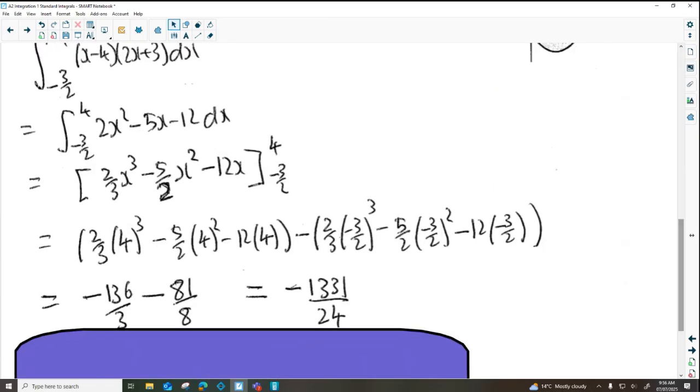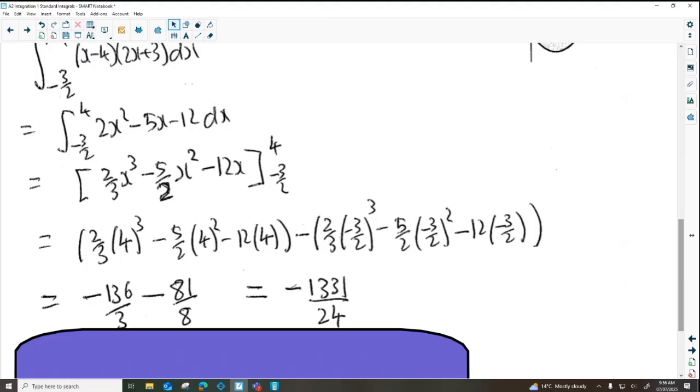If you then sub in x is 4, you'll get 2/3 times 4 cubed minus 5 over 2 times 4 squared minus 12 times 4. Take away 2/3 times minus 3 over 2 cubed minus 5 over 2 times minus 3 over 2 squared. Take away 12 times minus 3 over 2.